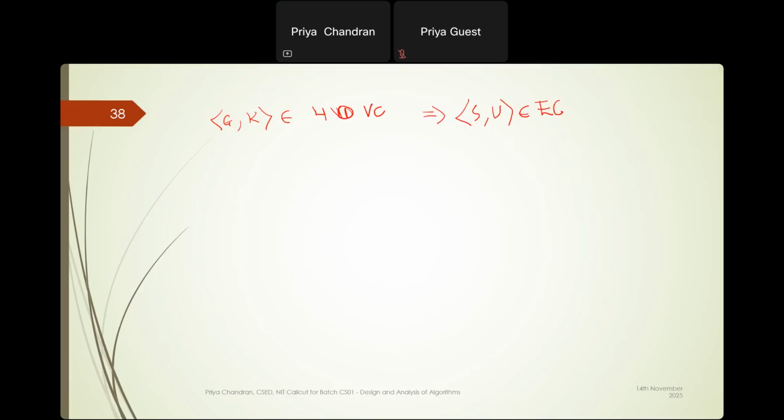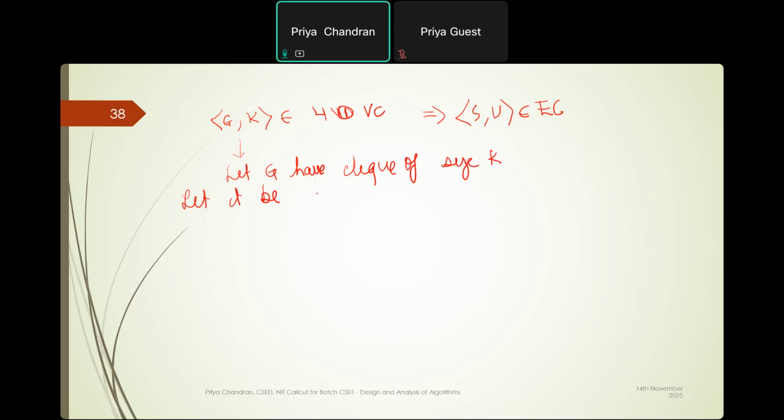How? Now let G have a clique of size k. Let it be V1, V2 up to Vk. Then we can show the exact cover as follows.